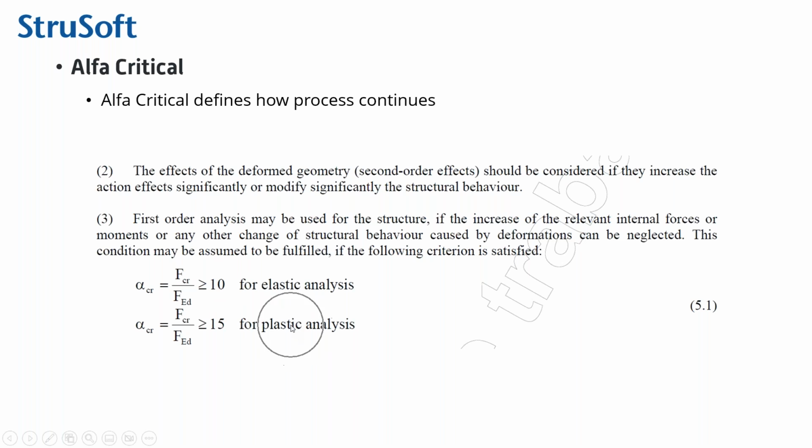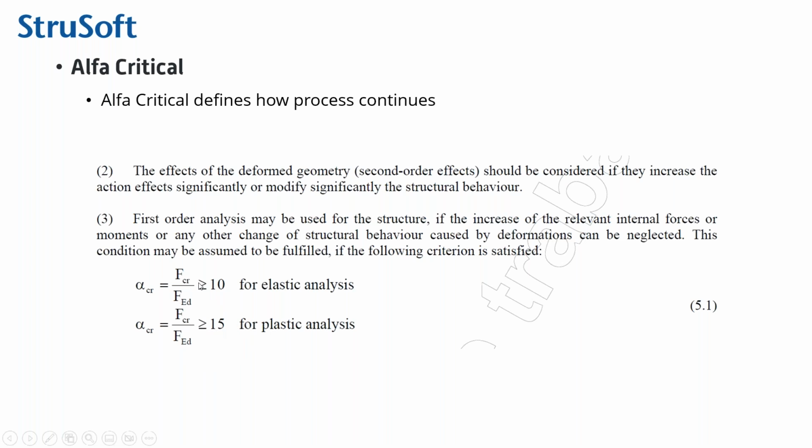But if you're using plastic calculation, if you calculate your column with the plastic bending capacity, the problem is that it will go nonlinear much more easily. The total capacity, if you utilize the plastic capacity, is about 30% higher than the elastic capacity. That's why Eurocode requires that if you're using plastic capacity of the columns, your alpha critical actually has to be above 15.